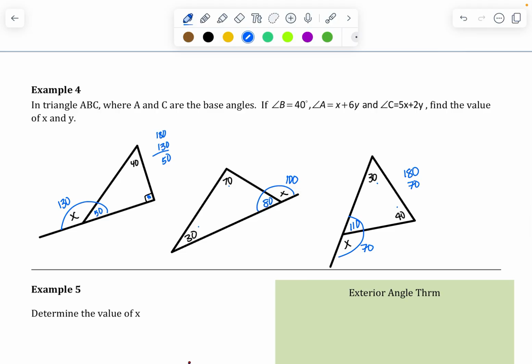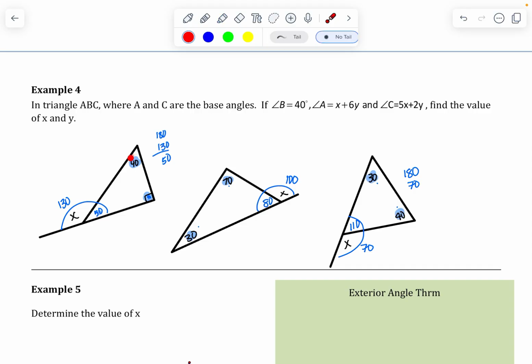If we were in person together, I'd probably throw 5 or 6 of these on the board and ask, what's the pattern, if anything, that you see? Usually a few of you will find that pattern so that we can share with the class. That pattern is that if you add these two angles together, it will always equal the exterior angle.